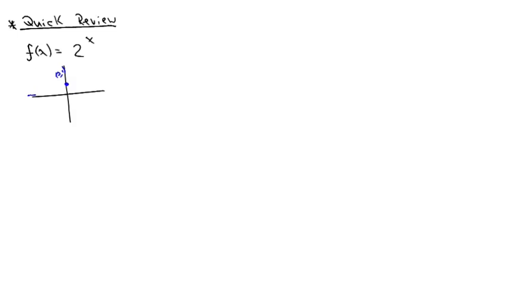It has a horizontal asymptote as the negative x-axis, and then it increases without bound as you go to positive infinity. So it never gets to 0. Never hits 0. So the domain of this thing is negative infinity to infinity. The range of it is 0 to infinity. Never touches 0, but it goes off to positive infinity.